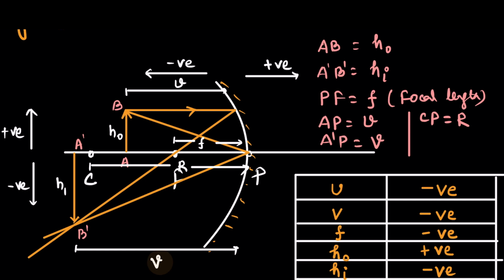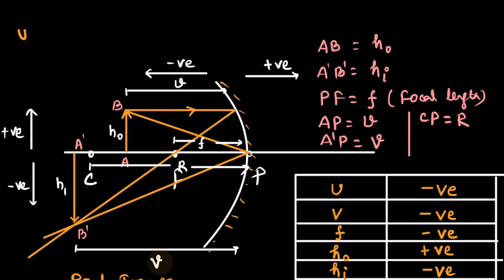Similarly, the example that I took forms a real image. So in concave mirror, we know that in 5 positions of the object, real image is formed.